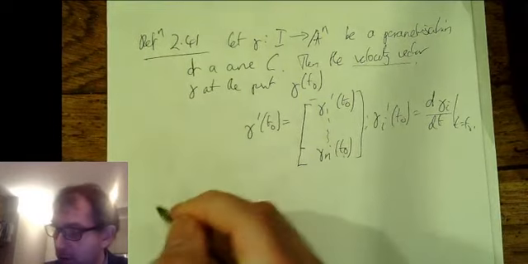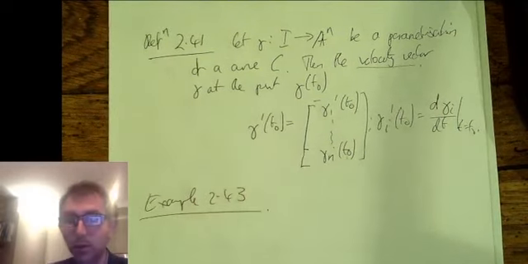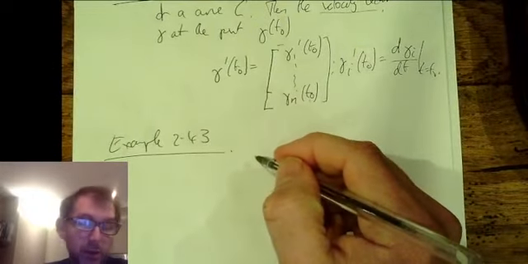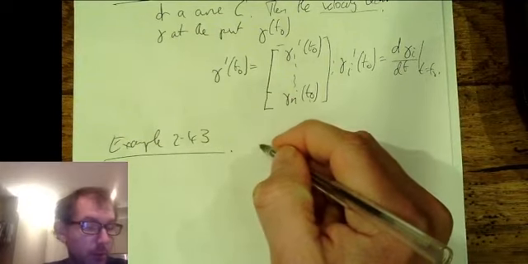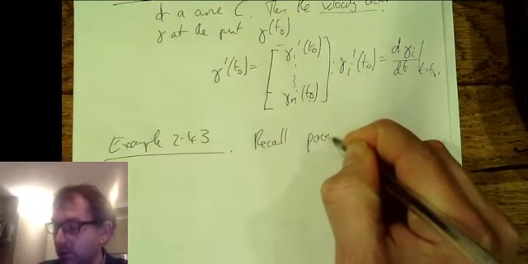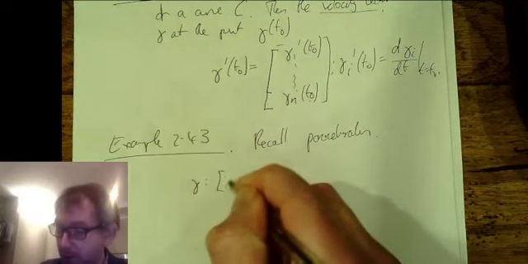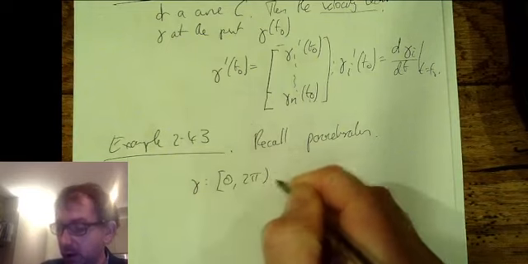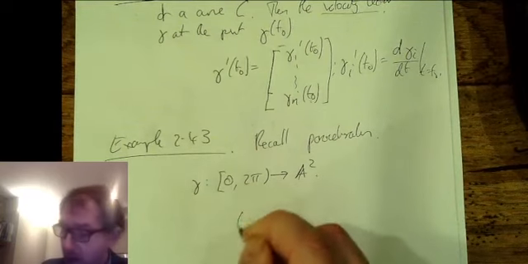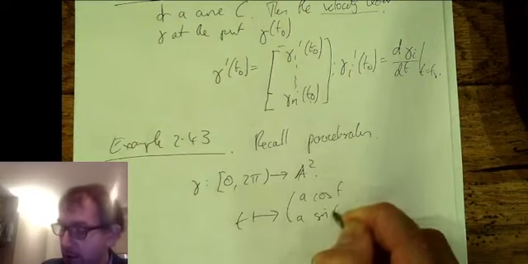Right, so let's move on to example 2.4.3, which is just to recap a parameterization that we took of the circle right back at the beginning. So recall the parameterization. We went from 0 to 2 pi into A^2 in the following way, by taking t and mapping it to a cos t and a sin t.